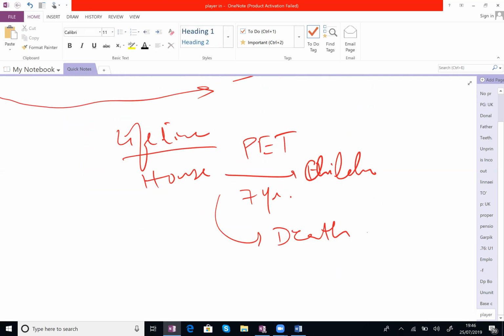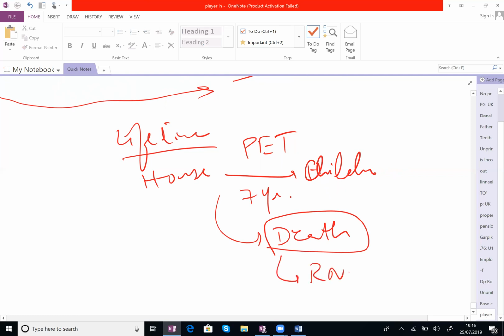But when you calculate the death tax on this PET, is the residence nil rate band available or not? Not available, because it is available only in death estate, when you transfer the house to your children. When you calculate the death tax on the lifetime gift, it is not available at the time of death. Done?